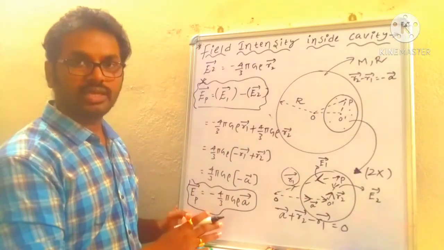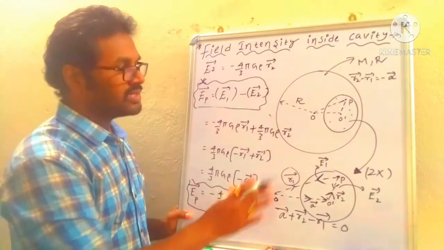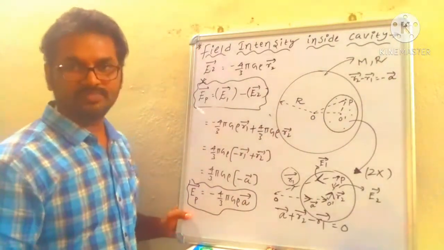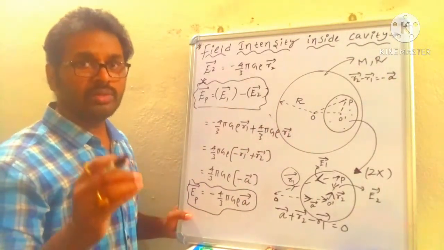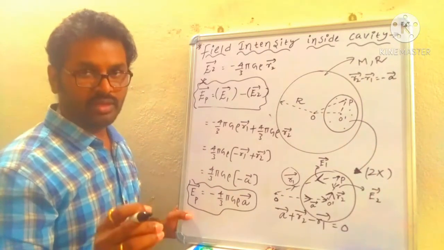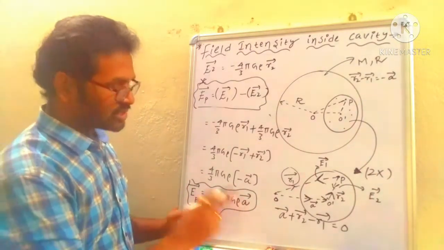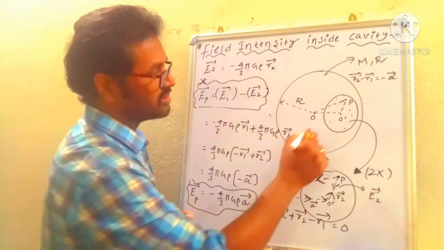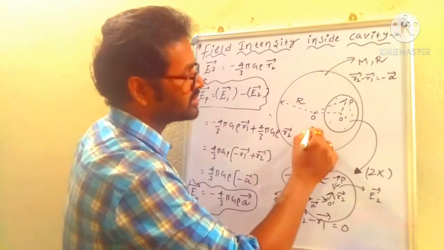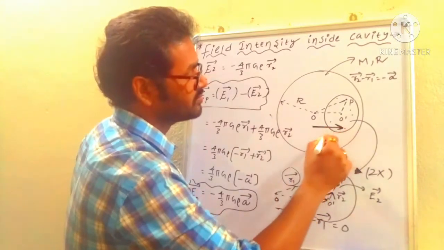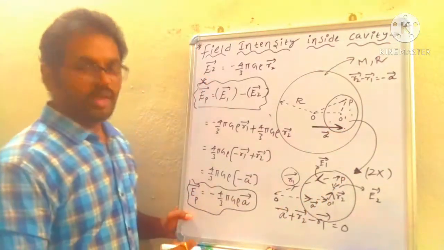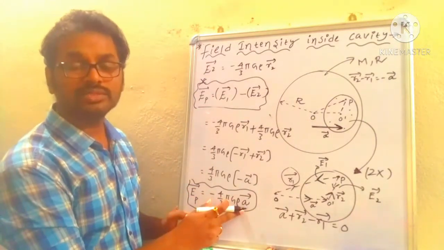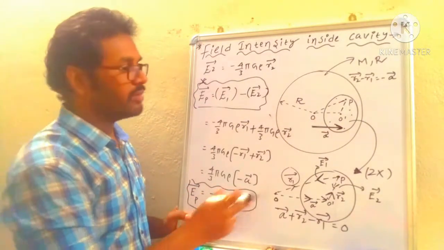So with this we can say the field intensity magnitude inside the cavity is constant, and the direction is also unique, opposite to the direction of A bar. As you see, from here to here is A bar, and this field intensity is negative of A bar, meaning opposite to the direction of A bar.